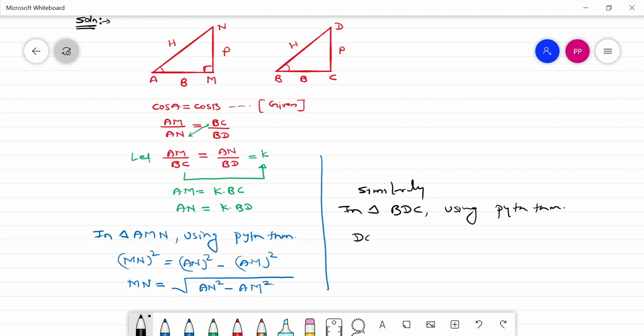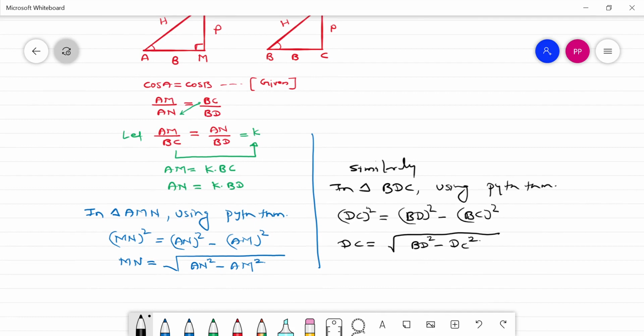So we'll get here DC square is equal to BD square minus BC square. Therefore, value of DC is nothing but square root of BD square minus BC square. Fine. So we got value of MN as well as DC.